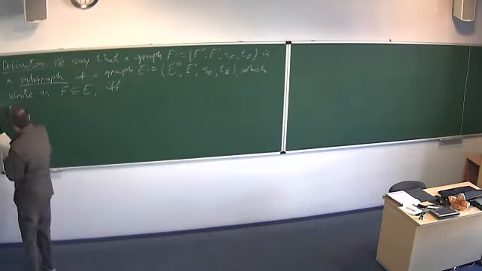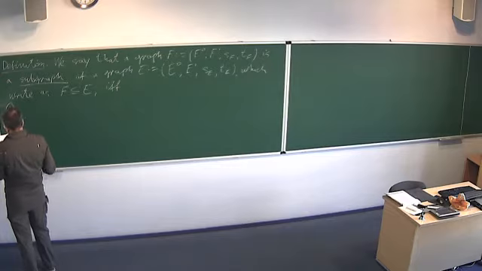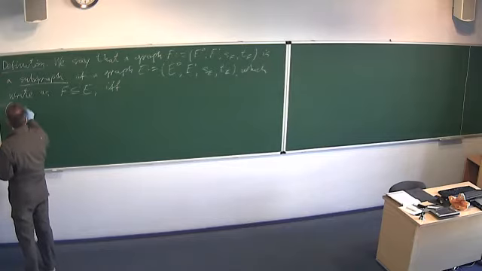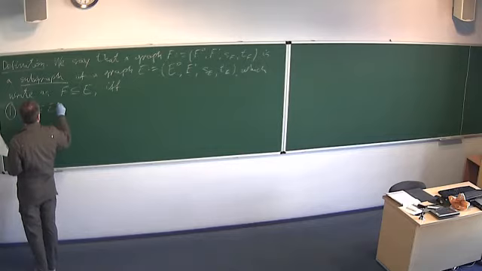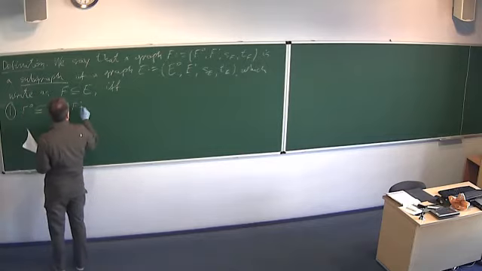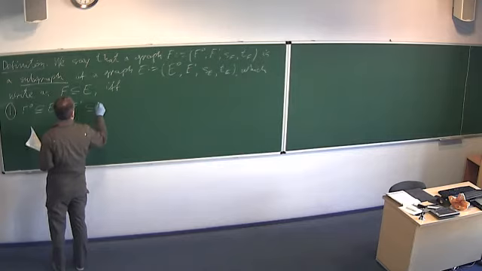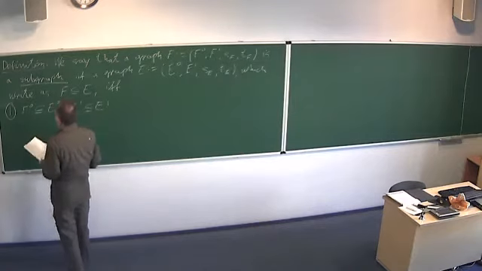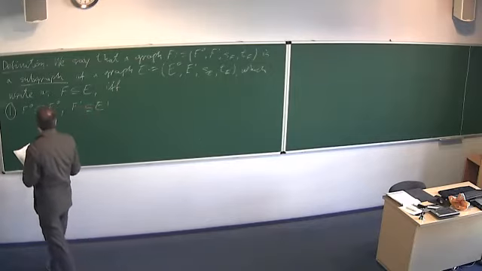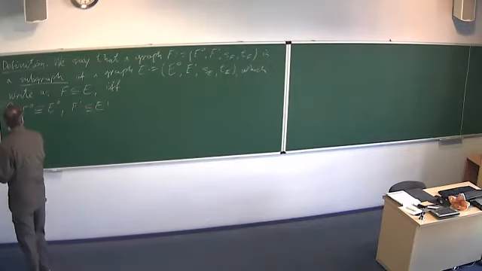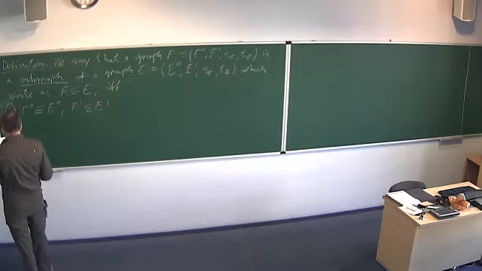So first, of course, as you could expect, F0 must be a subset of E0, and F1 must be a subset of E1. So all edges of F are edges from E, and all vertices of F are vertices of E. And now this is important.